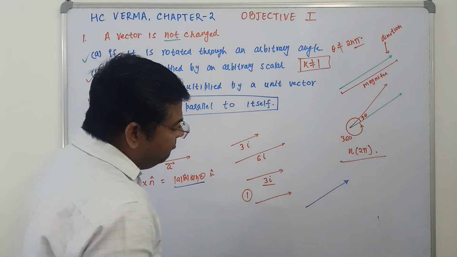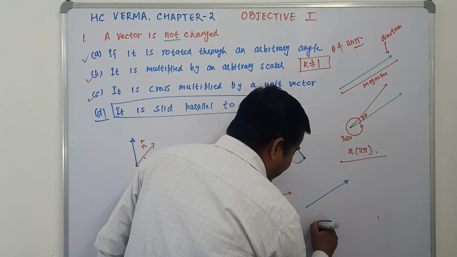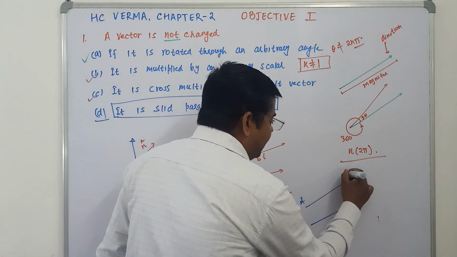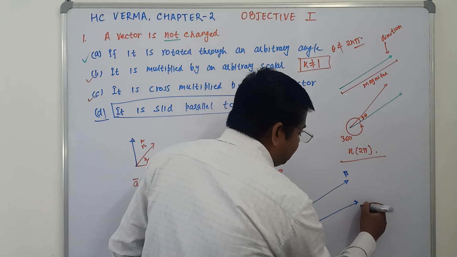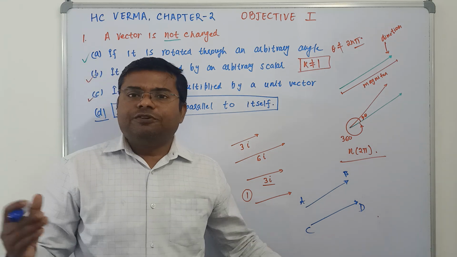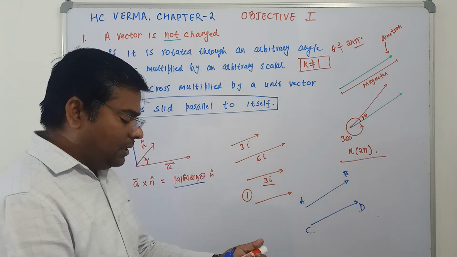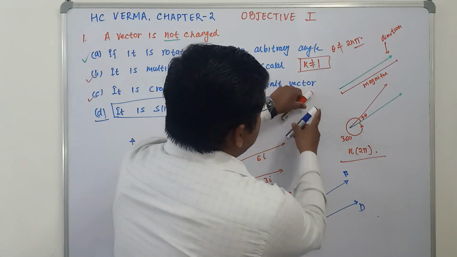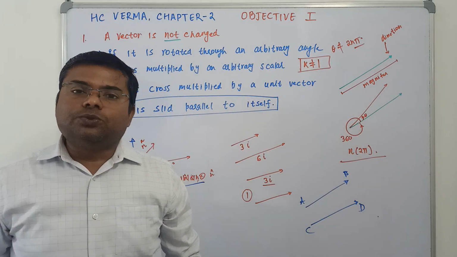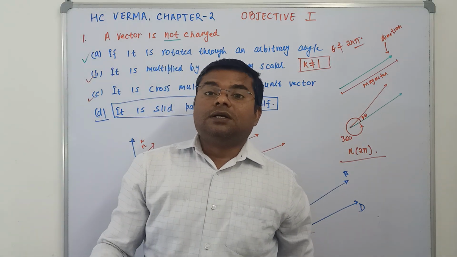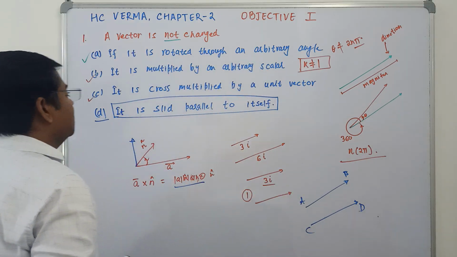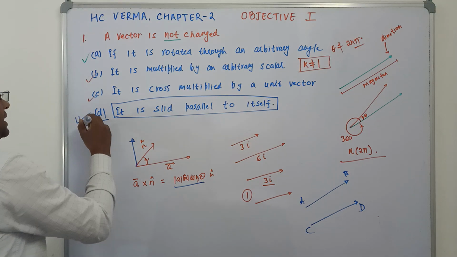If we shift it parallel, suppose this is A and B, after shifting it is C and D, will there be any change in the magnitude of the vector? Obviously no, because we shift it only parallel. So direction and magnitude do not change in parallel shifting. Hence, the vector remains the same. The correct option here is option D.